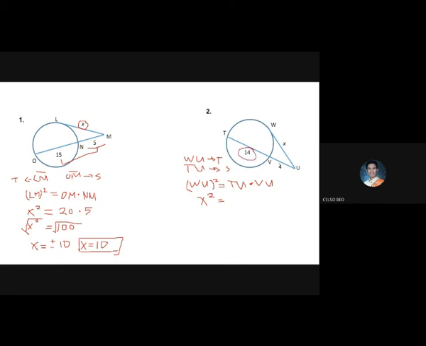We have here 14 and 4. So you have here 18 multiplied by, yung VU natin, itong part na to, is 4. Okay, so let us try to get this product of 18 and 4. So 18 multiplied by 4, it will give you 72. So you have x squared is equal to 72.